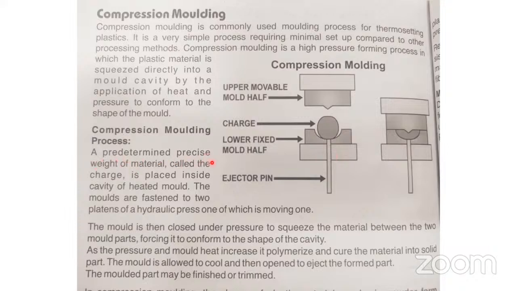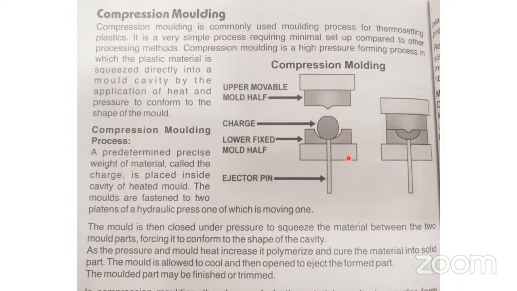Therefore, a predetermined precise weight of the material, that is called the charge, and we are also calling it the preform, is placed inside the cavity of the heated mold. Therefore, you have to heat this first, this part and this part. There may be band heaters which will supply the heat to the upper part and lower part of the mold.